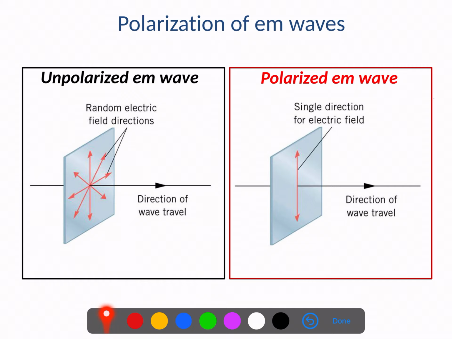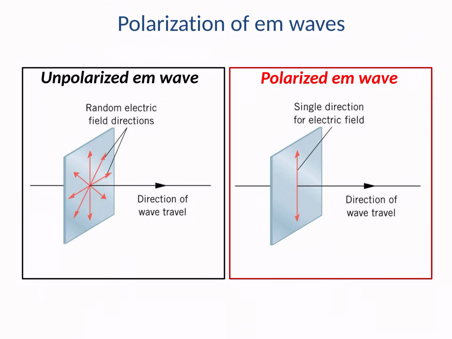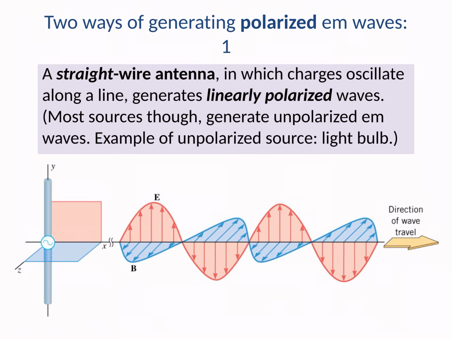And in general, that's the kind of electromagnetic wave you're going to see from any kind of light source, unless we polarize it. So a polarized electromagnetic wave, instead of having the electric field pointing in random directions, is all pointing in one direction. Okay, so there are two ways that we can actually achieve this kind of polarization.